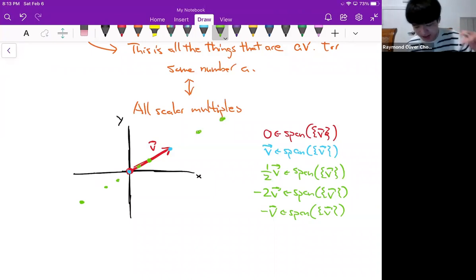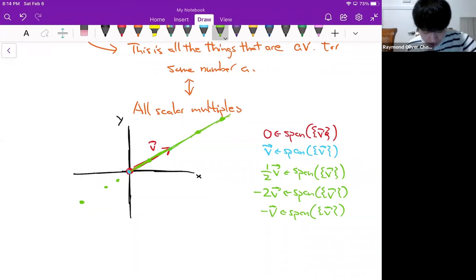Oh, geez, it's not. Okay, now all the numbers between 0 and 1 have to work. All the numbers between 1 and 2 have to work. And if you think about it hard enough, any number, as long as it's in the same direction of v, has to work, right?